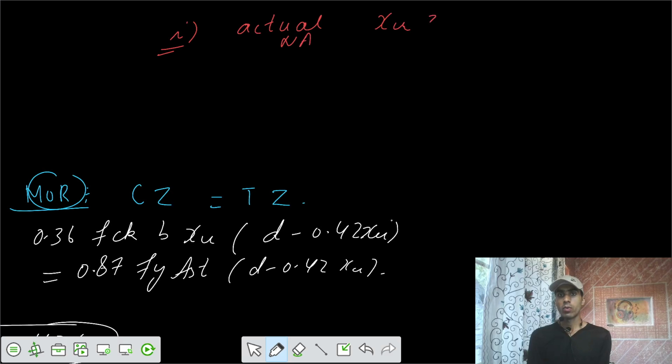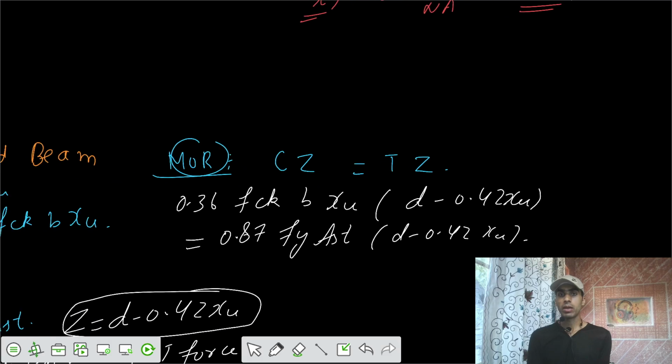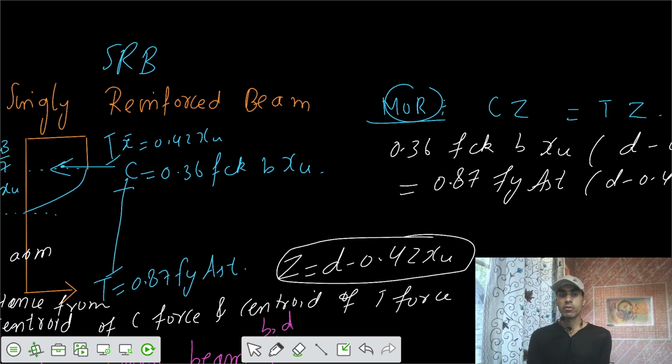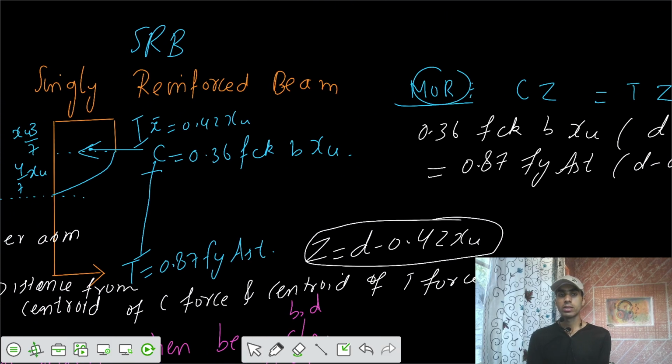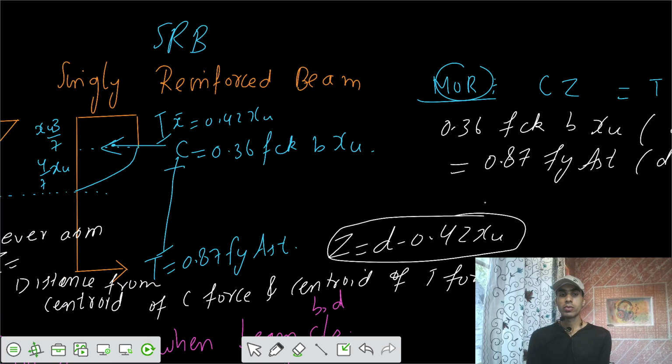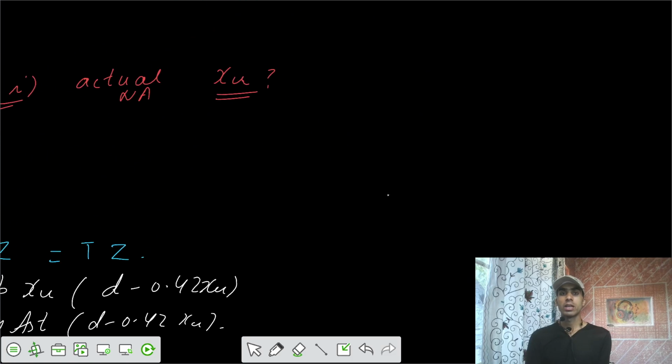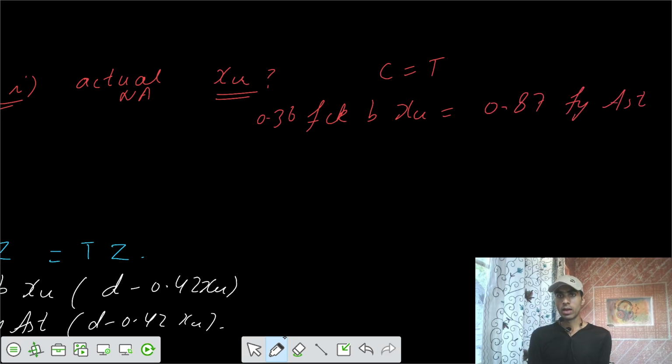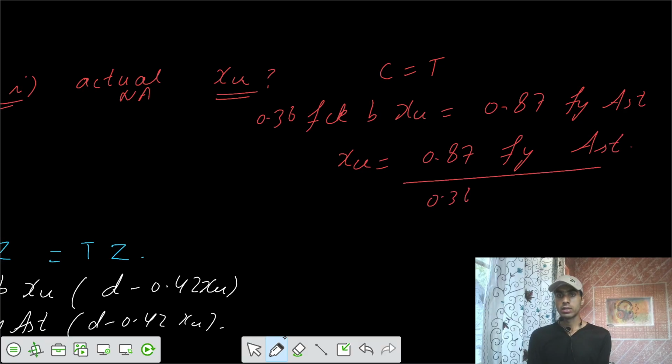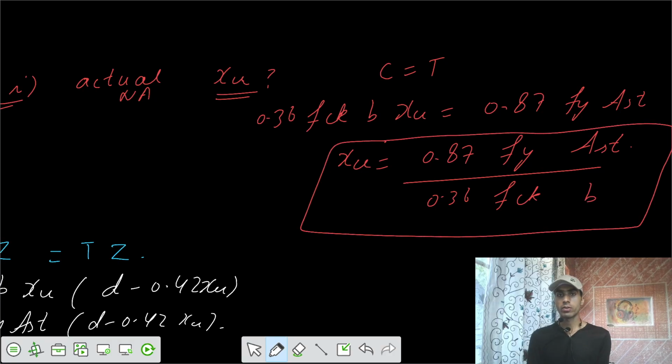For that, we find the value of Xu, which can be calculated from the equation: if I equate summation Fx equals 0, C equals T, compression equals tension. So 0.36 fck b times Xu is equal to 0.87 fy Ast. From that, we get Xu equals 0.87 fy Ast divided by 0.36 fck times b. So this is the actual location of the neutral axis.